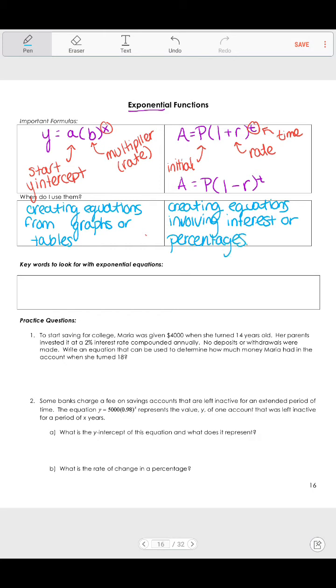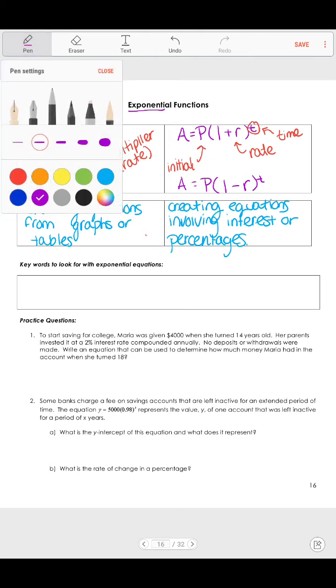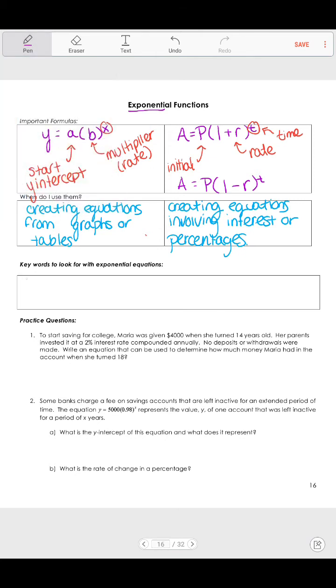Okay, so keywords to look for when we're talking about an exponential equation versus a linear or any other type of equation are words like double or other words that mean multiply, half, other words that mean divide. Okay, we also are thinking about interest, investments.